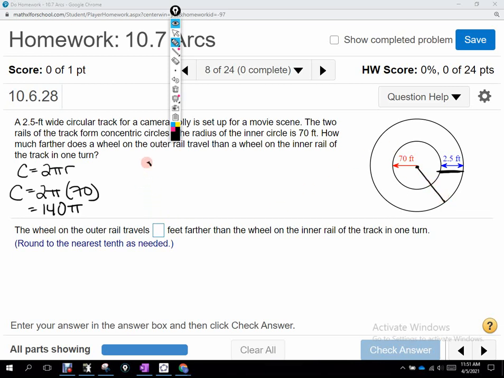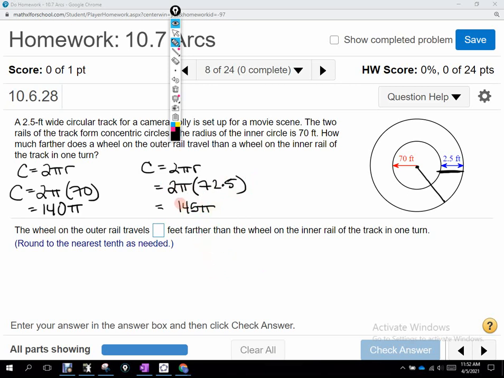So when we go circumference equals 2 pi r, we're now looking at 2 times pi, but r being 72.5. And now if I go ahead and multiply, 72.5 times 2, okay, what's that going to be, 145? Times pi.